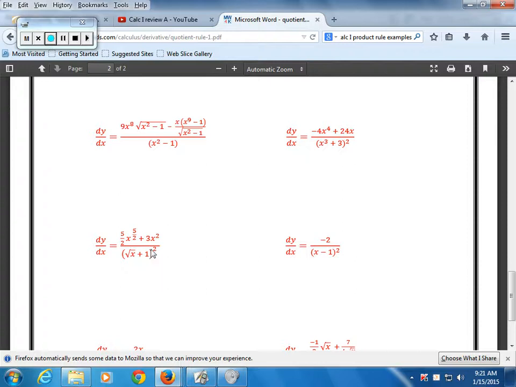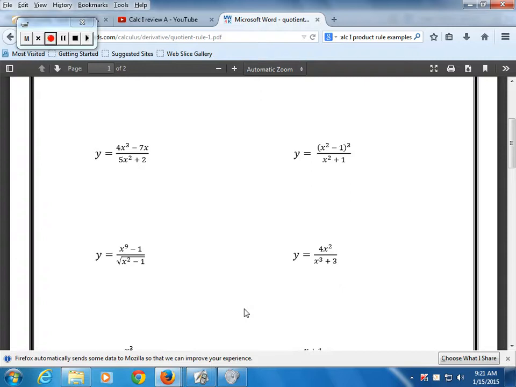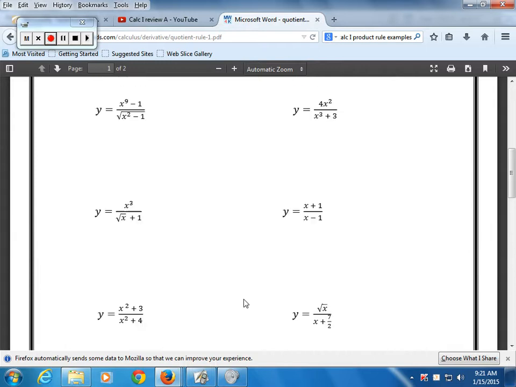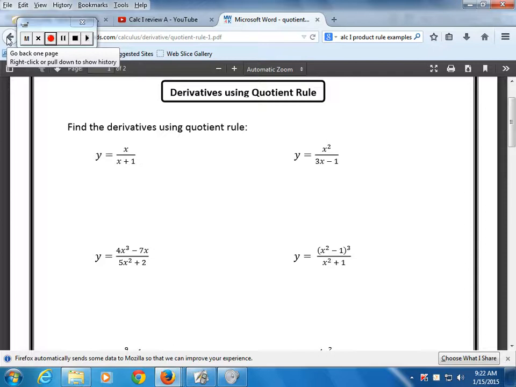So you could do that and see if we got the same thing. Right on top. All right, so that's how you do that one. So that's how you use the chain rule.